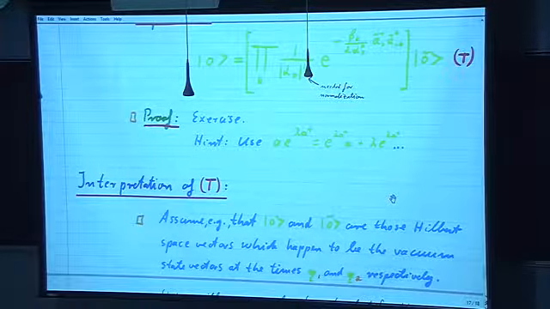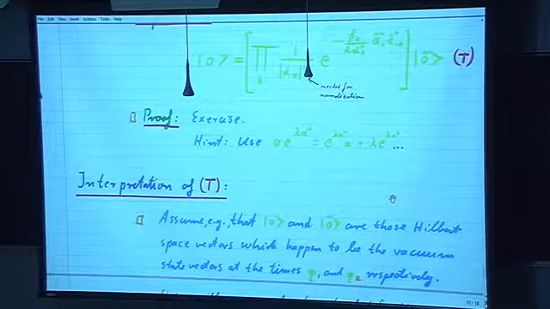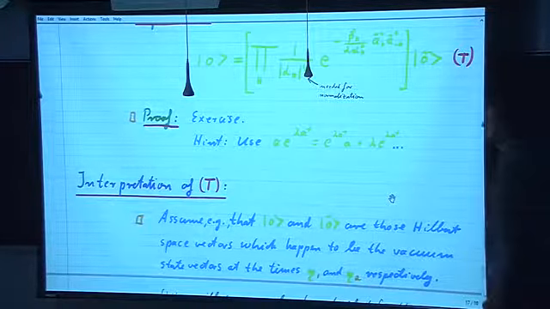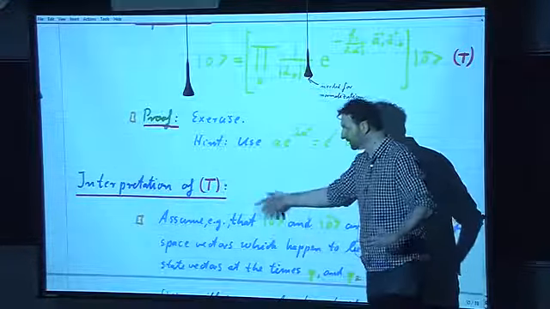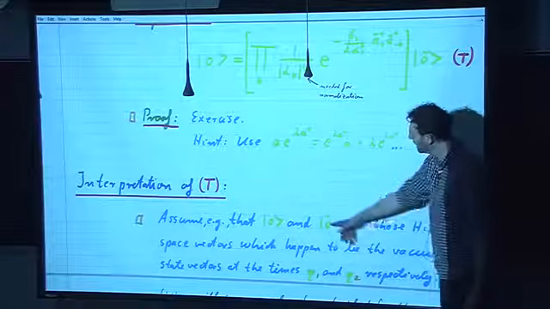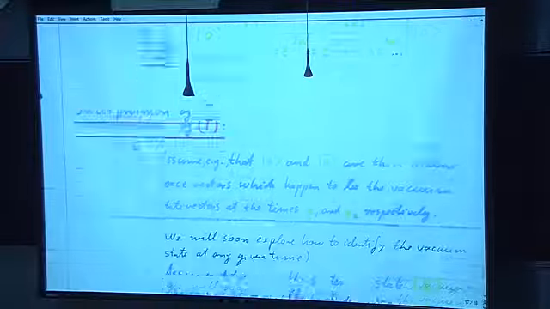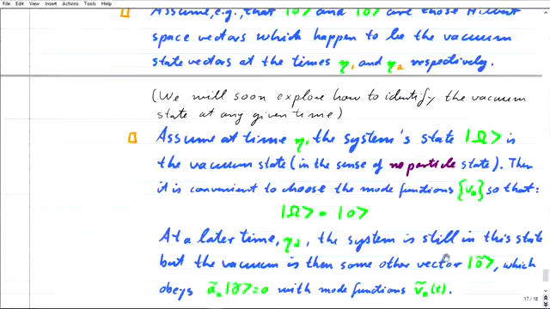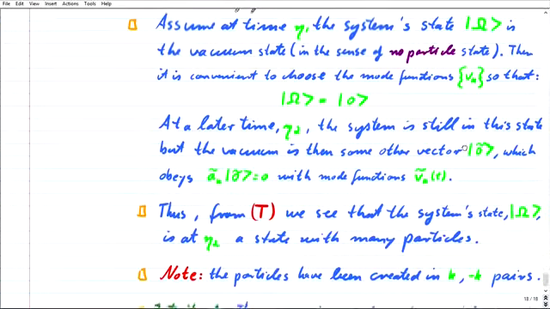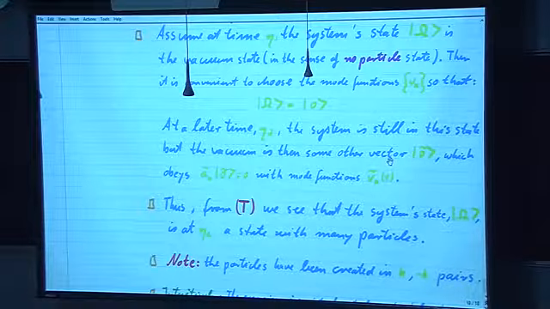Let's say, because of physical arguments that we will get into later on, we will have found that this is the Hilbert space vector which is the vacuum state at time eta 1, and that one describes the vacuum state at time eta 2. Then let's assume that at the first time the system state is prepared to be the vacuum state.